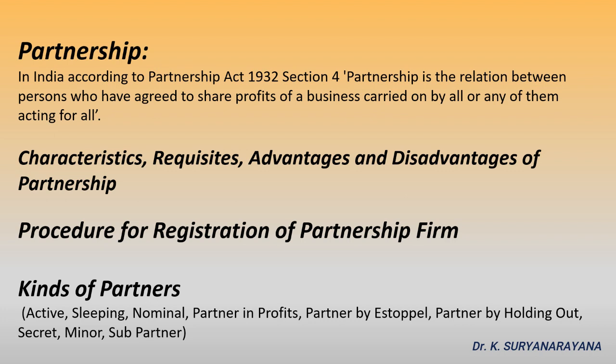In the second step, the firm's name, the firm's place, the names of the other places where the firm conducts the business, the joining date of each partner in the firm, the full names and permanent addresses of the partners, and the duration of the firm.